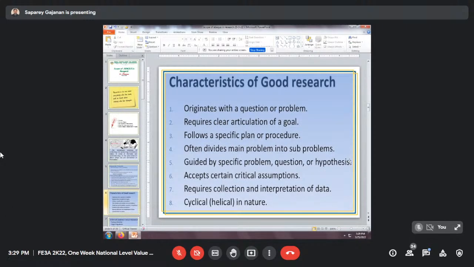And what are the characteristics, meaning the properties, that every research should possess? First of all, as I told you, finding a problem is a big task, and a clear articulation of the goal. If you start with this problem, what will be the end result that you are going to get, the expected results?